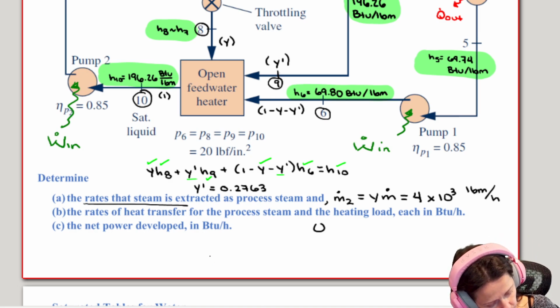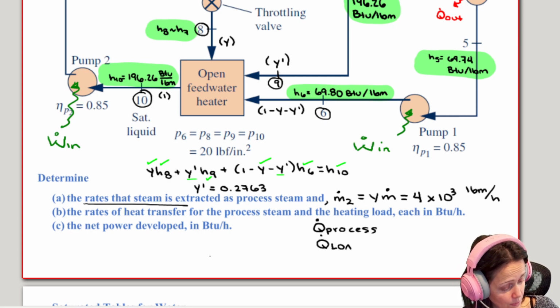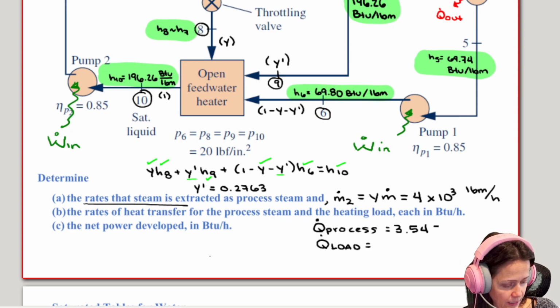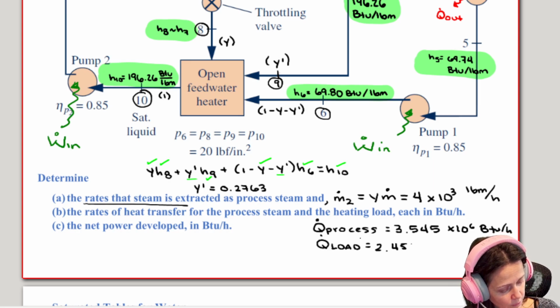For the Q dot process steam and the heating load, I've got 545 billion BTU per hour at 451.